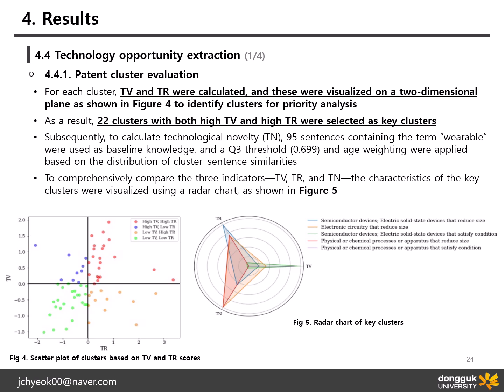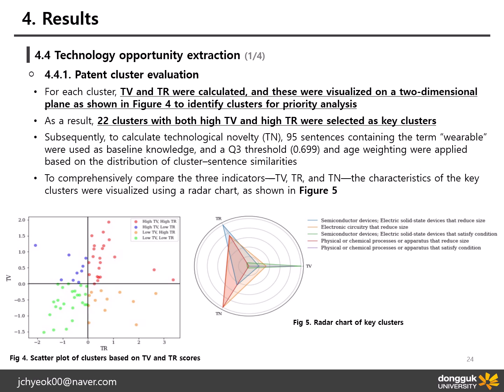As a result, 22 clusters with high values on both dimensions were selected as key clusters. To further assess technological novelty, 95 sentences containing the term wearable were used as background knowledge, and cluster-sentence similarity distribution along with age-based weighting were applied.